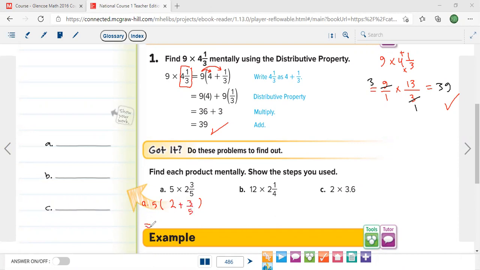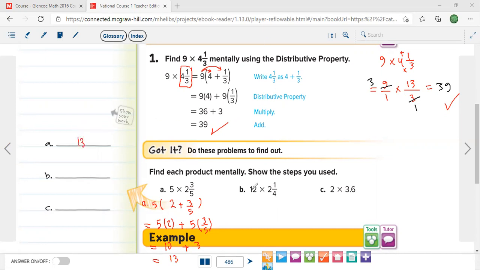So this will be like 5 parentheses 2 alone plus 5 parentheses 3 over 5 alone. Now you should know that 5 by 2 is 10. 5 times 3 over 5 will give you 3. So 10 plus 3 will give you 13. So this is 13.